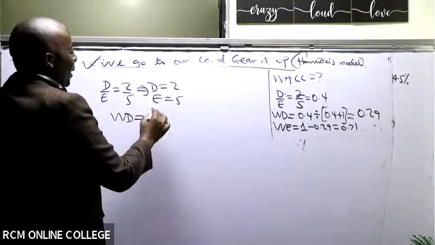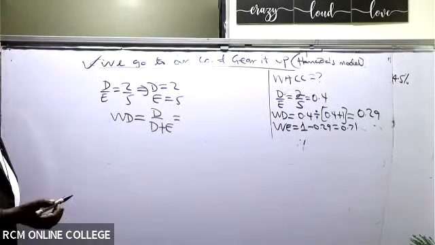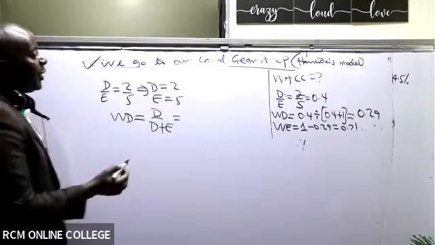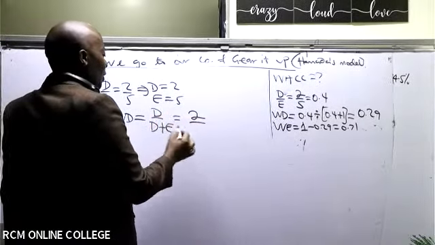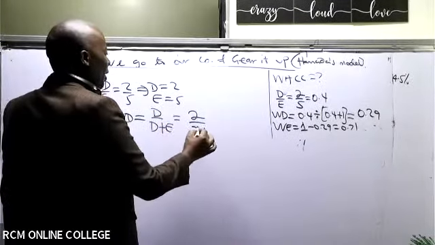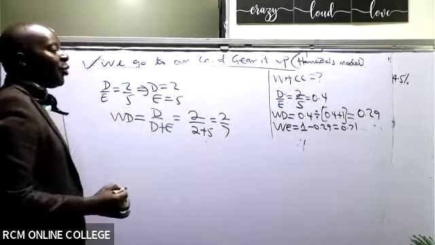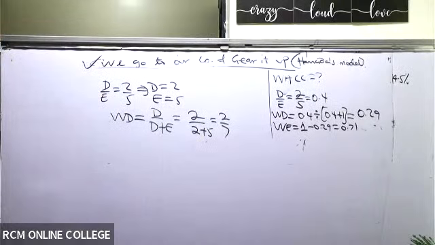And the weight of debt will be debt over debt plus equity. Very easy. So debt is 2, plus equity of 5. So this will be 2/7.